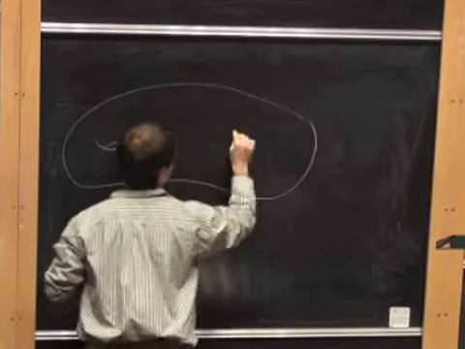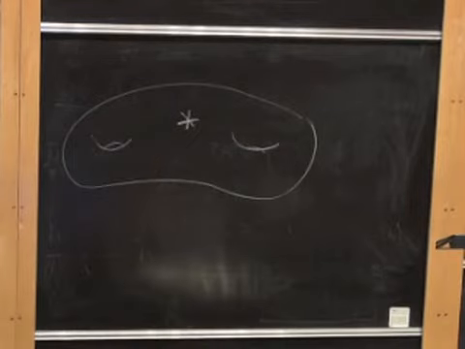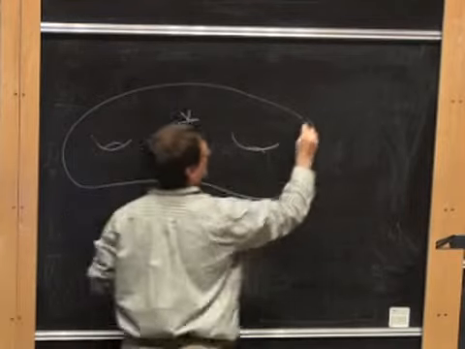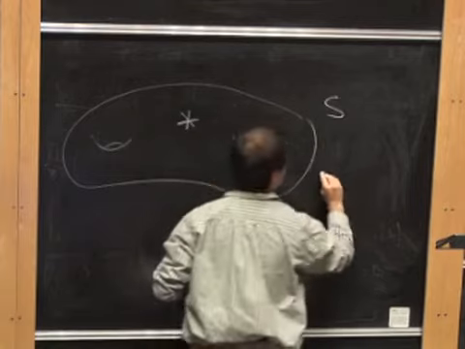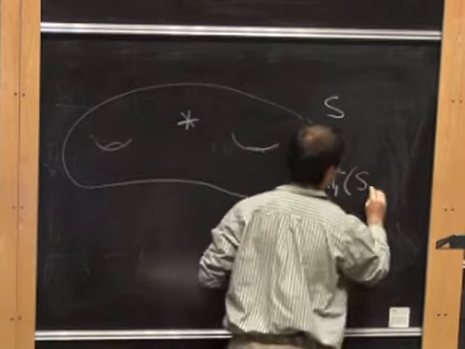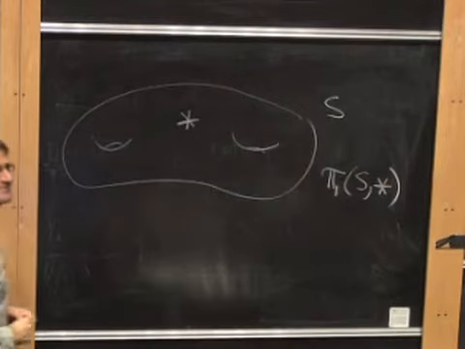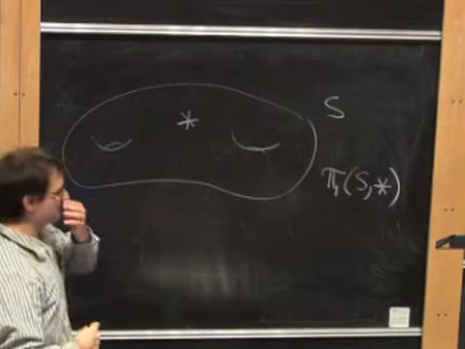The first thing is we need a base point for our surface, because with a base point we can define the fundamental group. You can't define the fundamental group of a surface; you need a fundamental group of a surface with a base point. Okay, now we have a fundamental group.